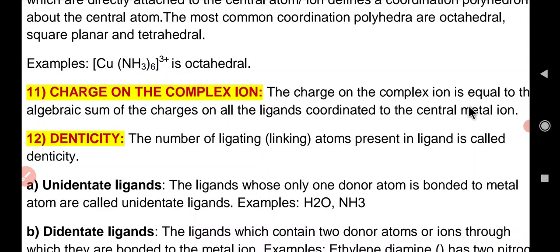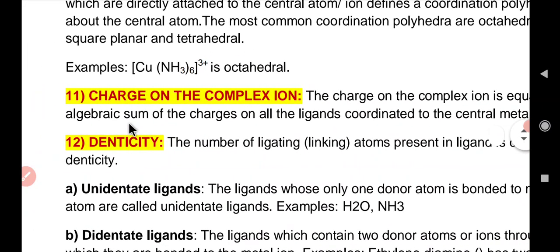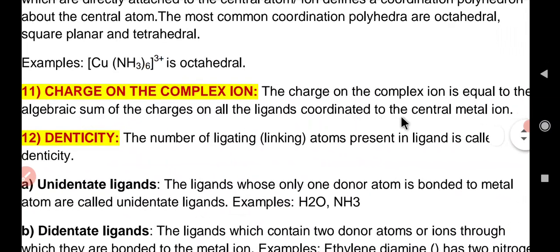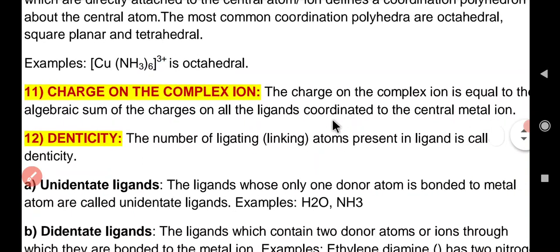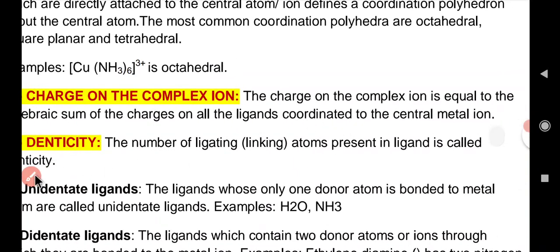Just remember, the charge on the complex ion is the algebraic sum of the charges of all the ligands coordinated to the central metal ion.